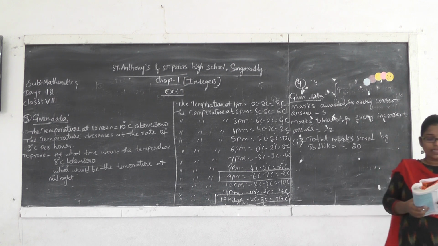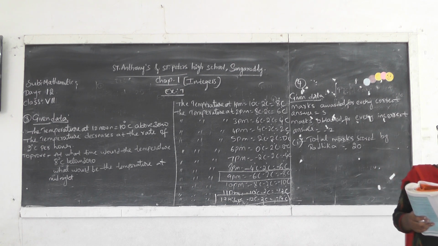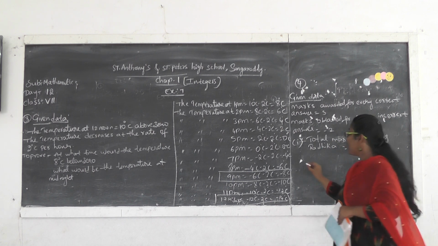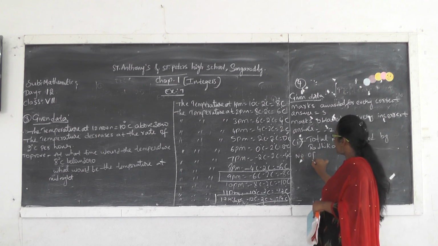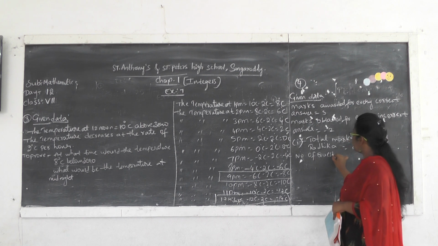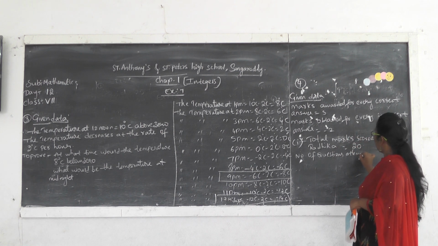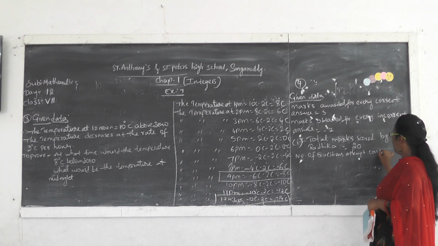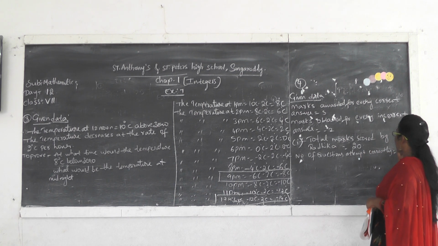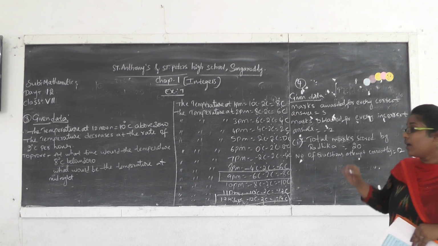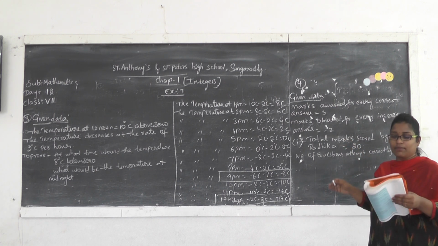If she has got 12 correct answers, how many questions did she write correctly? Number of questions attempted correctly by Radhika equals 12 questions. She wrote 12 questions correct, but she got only 20 marks.